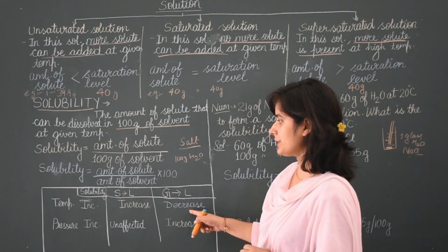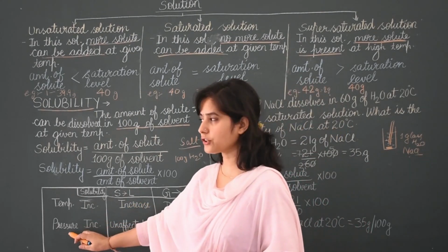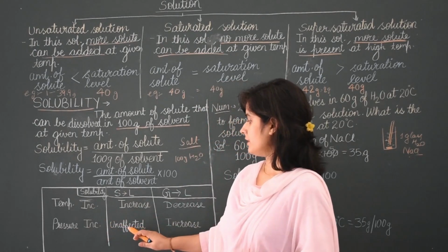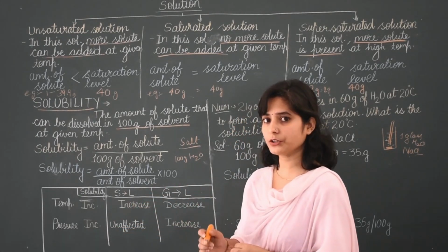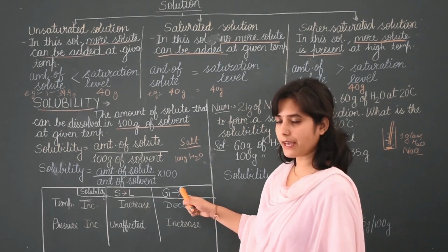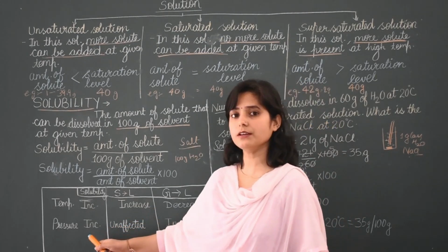So solubility decreases with an increase in temperature. Next, the effect of pressure. When we increase the pressure, there is no effect of pressure when we add solid to liquid. But when we add gas to liquid, solubility increases with an increase in pressure.